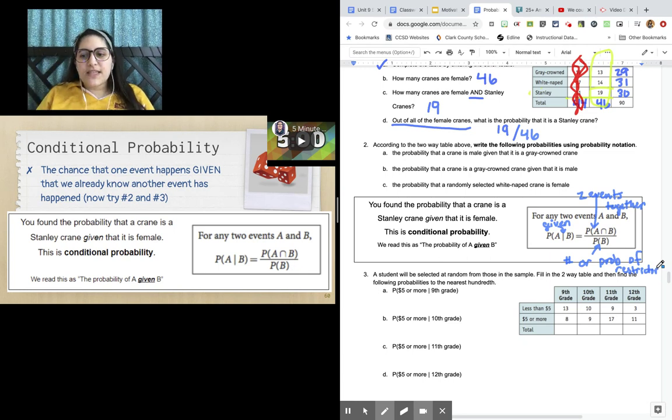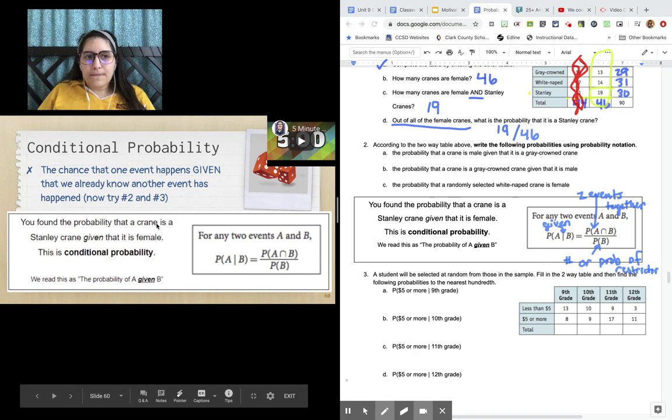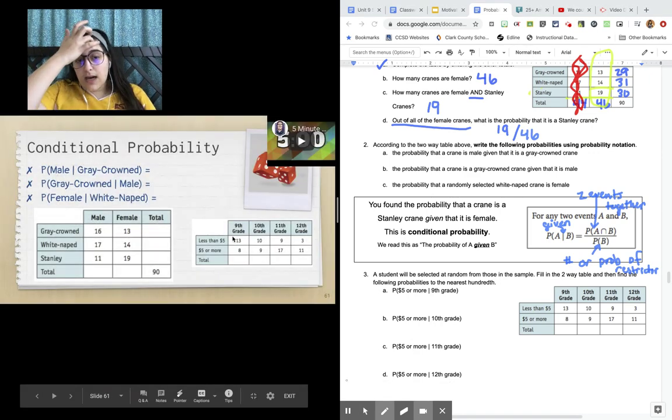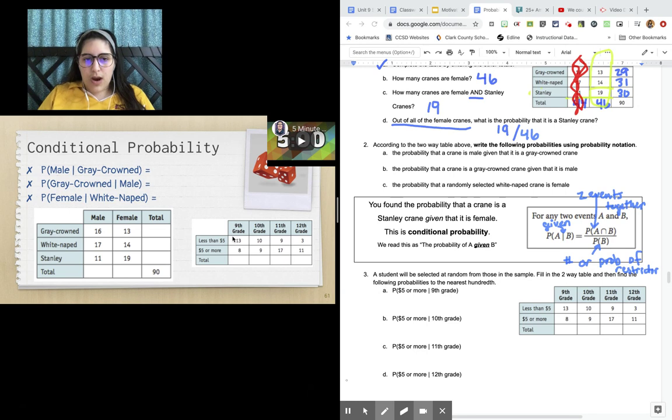You'll also hear me call it the restrictor category. What this does is it allows me to say, I'm getting rid of everything else. I only care about what's happening in this category. So that's what goes on the bottom. Let's try and calculate a couple of these given probabilities.